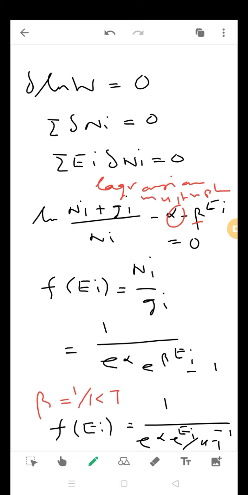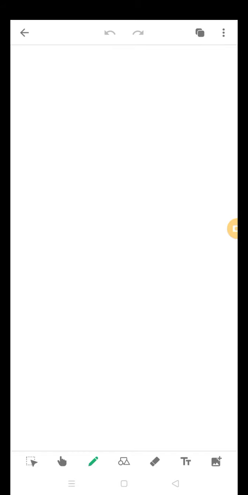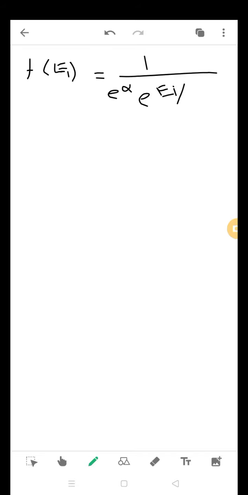This expression we obtain. So let us write it again: fi is equal to 1 by e to the power alpha e to the power Ei by kT minus 1.